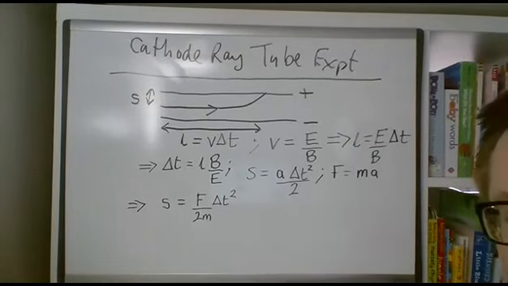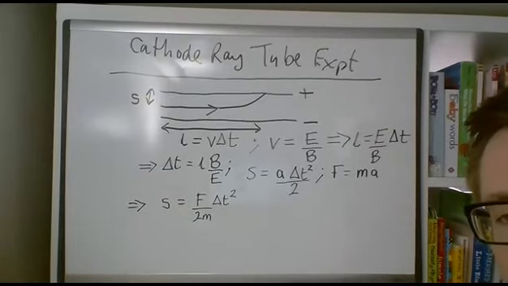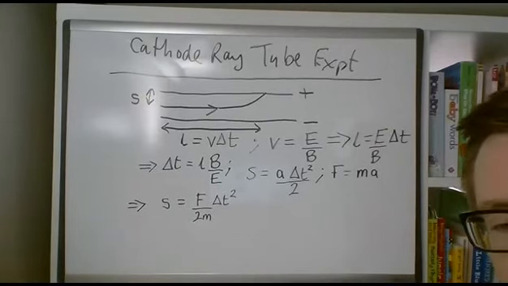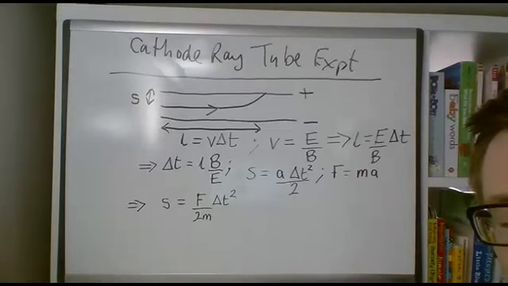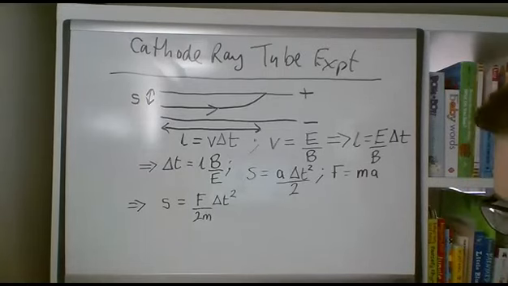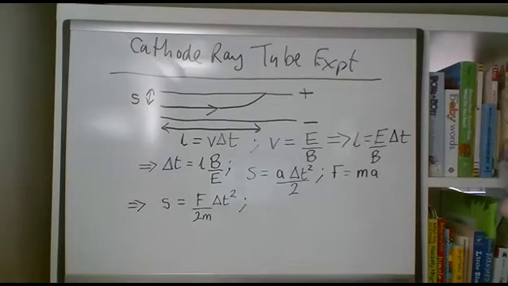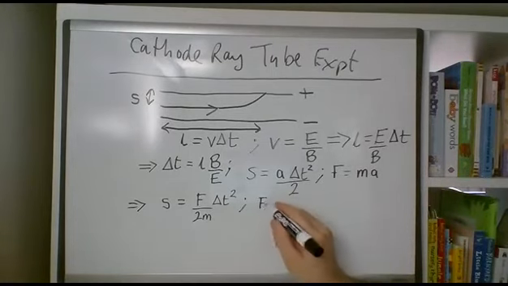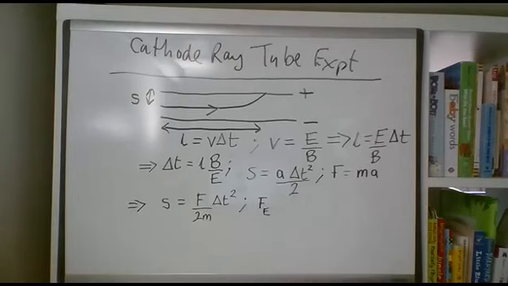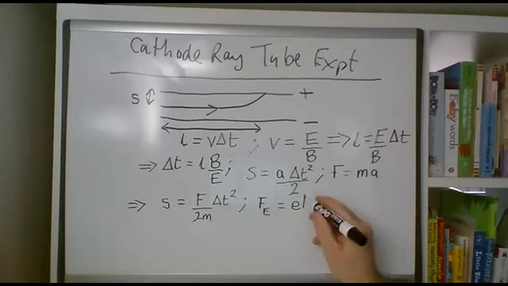Now, F is force, so it would be appropriate to narrow down what type of force we're dealing with. We're dealing with electric force, the force of the electric field on the electron as it travels. So we know that the force of the electric field is the charge on the electron times the size of the electric field.